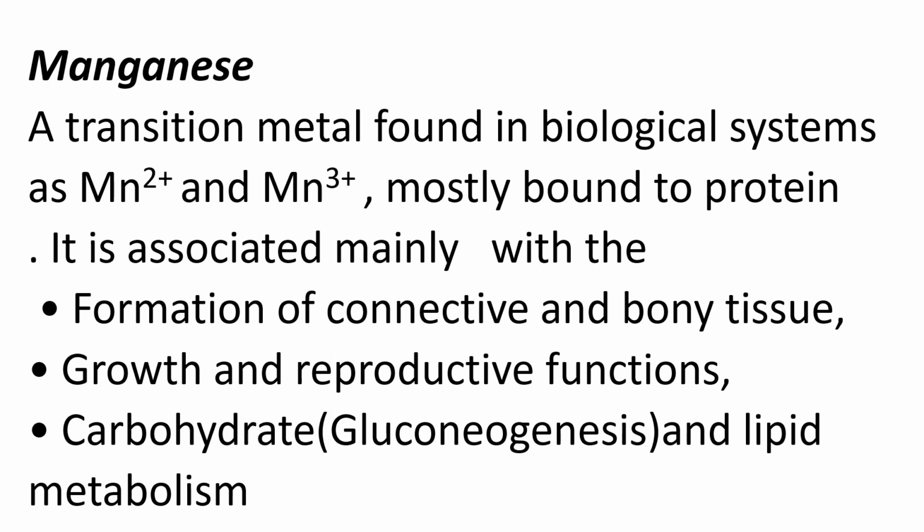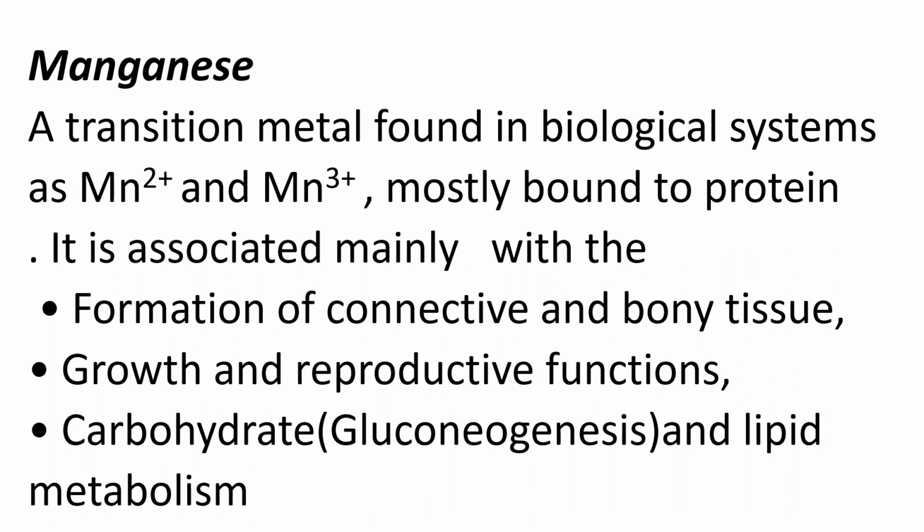So here one thing is very clear, that just before we have discussed that besides calcium, phosphate, magnesium, manganese is also present in bones, and it is a component of connective tissue. Manganese is required for growth and reproductive functions.